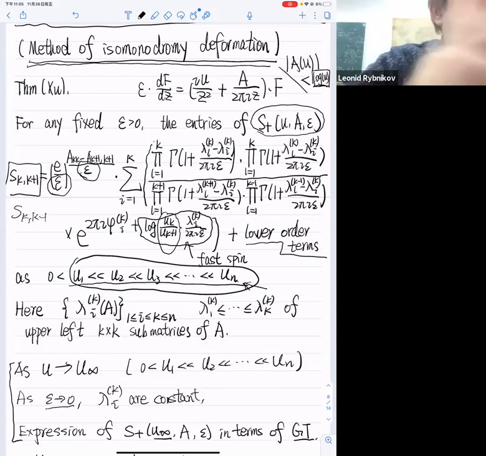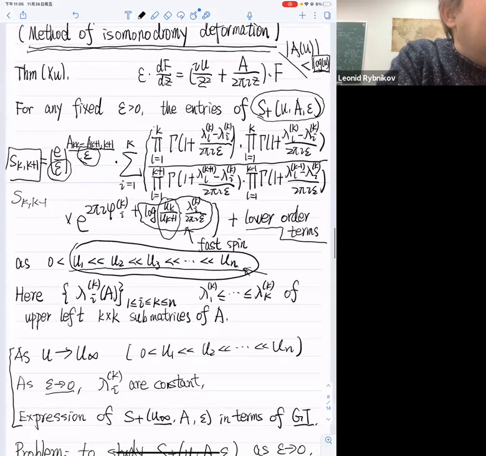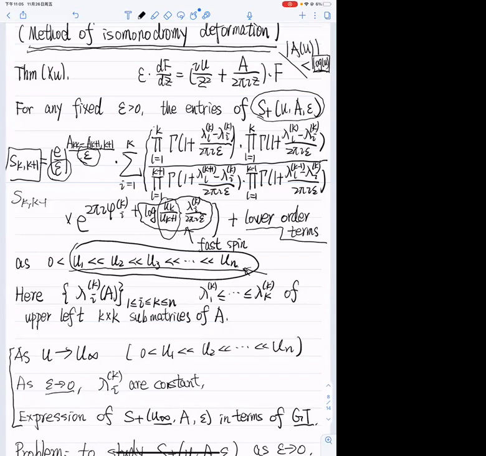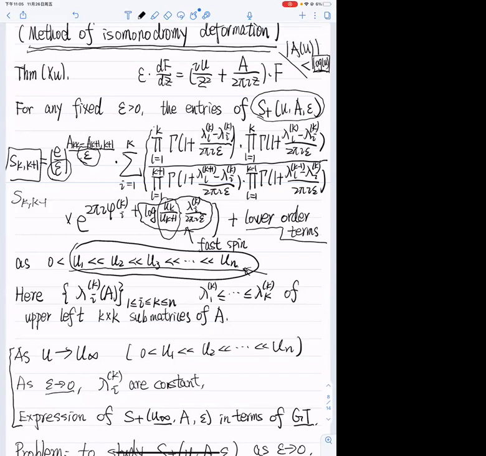May I ask? Of course. The formula for k plus 1 on the screen reminds me of the formula for matrix elements of Chevalley generators in the Gelfand-Tsetlin basis. Is there any direct explanation of this fact? Right. Actually, I also computed a non-commutative, quantum case.